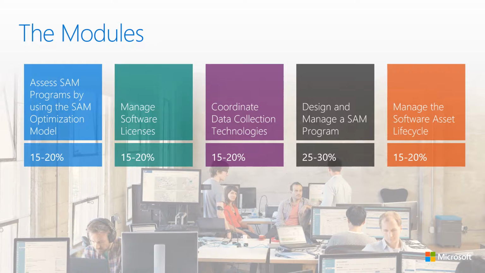We'll start in a moment with this when we'll look at the importance of securing executive sponsorship and funding, and then how to design, implement and maintain a SAM program, as well as creating and maintaining a SAM program improvement plan. And finally, Module 5 is about managing the software asset lifecycle. And we'll look at managing request, acquisition, deployment and retirement processes, as well as how to track consumption and how to optimize assets. But let's get started with the content of Module 4.